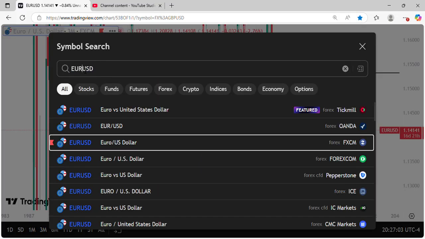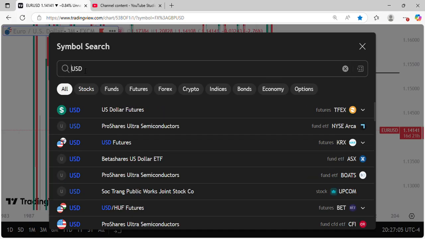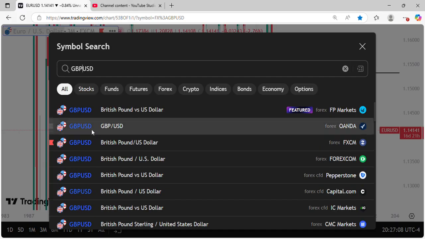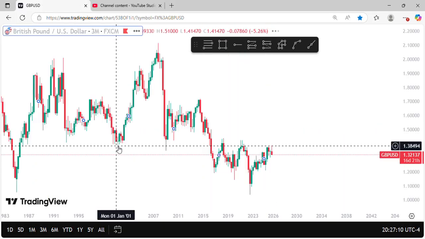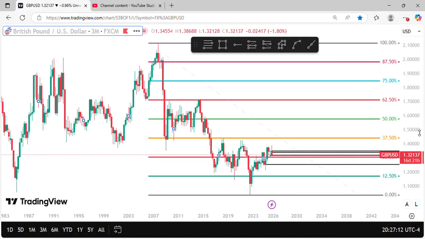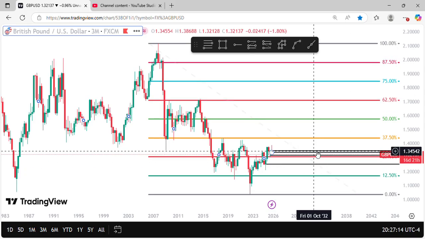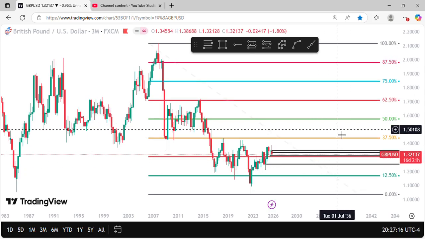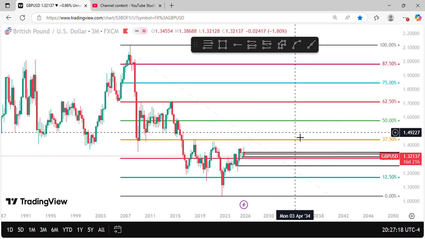GBP USD. Okay, and similarly it's the same dealing range as before.